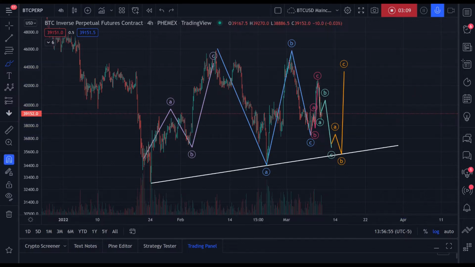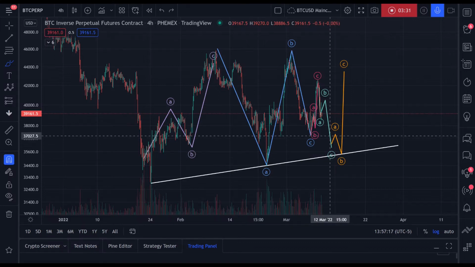Okay, so just a word of caution. This right now, at this moment, would be at 35K. But I don't think it would happen yet, because we're not yet done, and we're going to get to the details in a second as to where we're at right now. We'd have to complete this B wave.